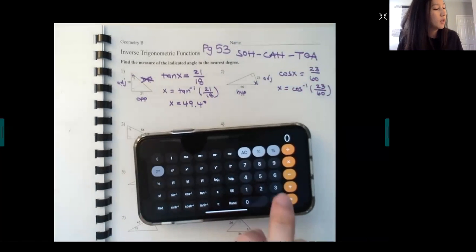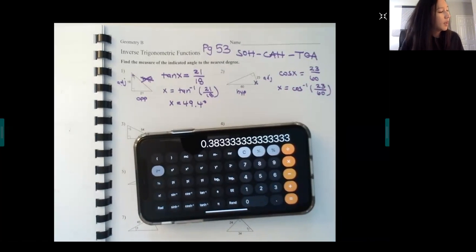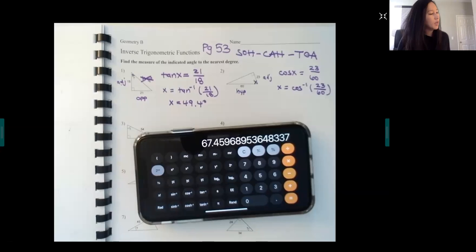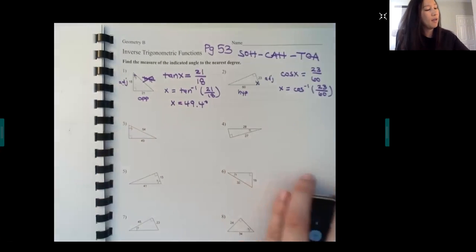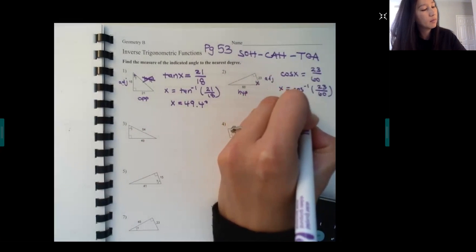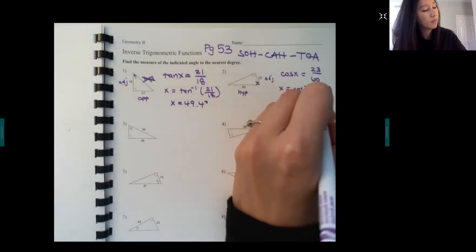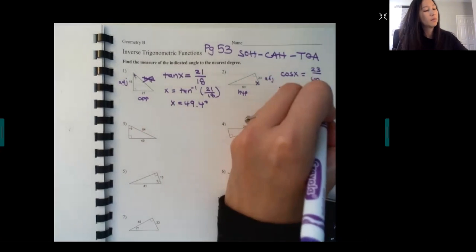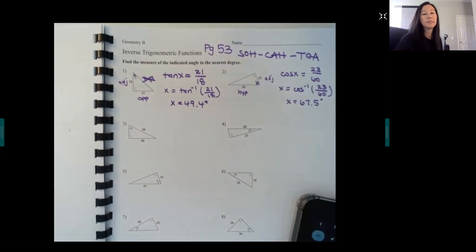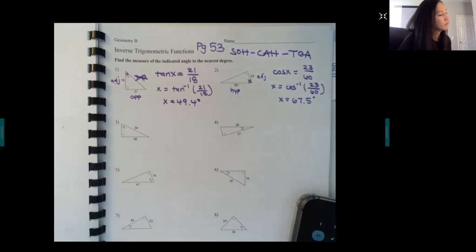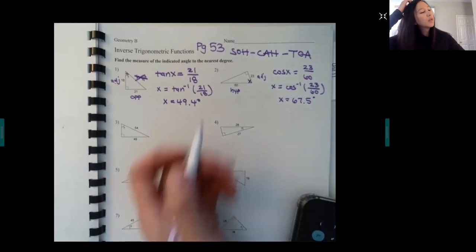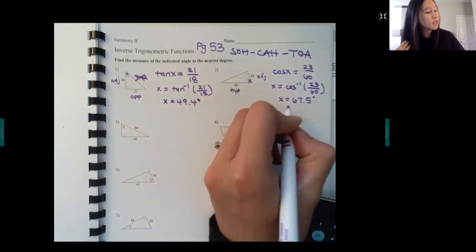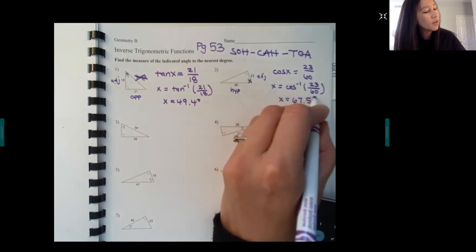So we're going to take 23 divided by 60, and then do the inverse cosine, which is 67.5. And really it says to the nearest degree, so we could just say it would actually be 67 degrees.